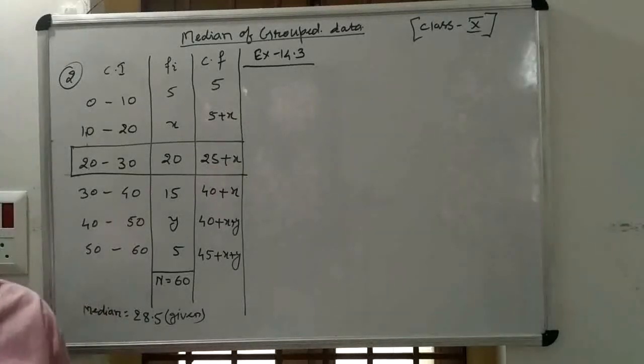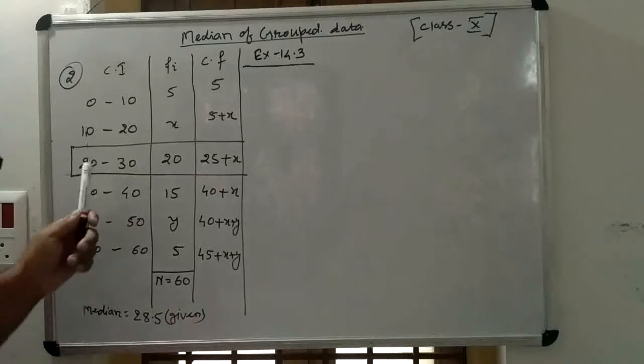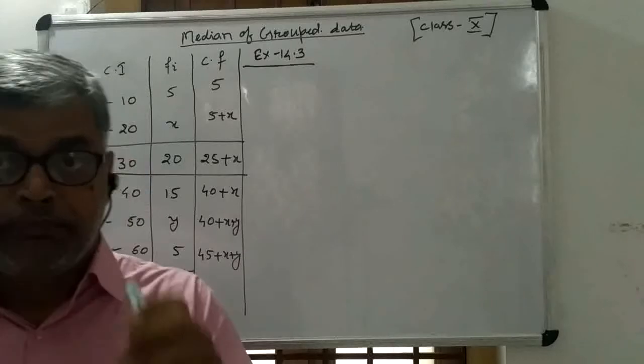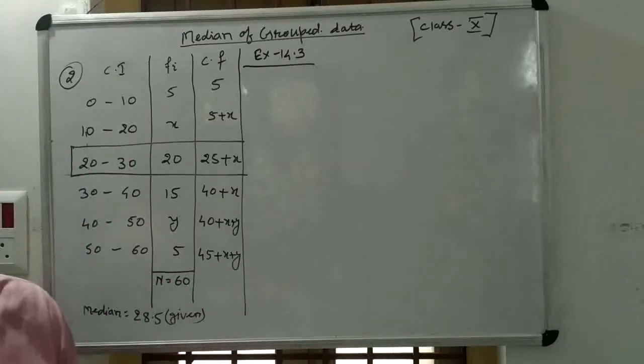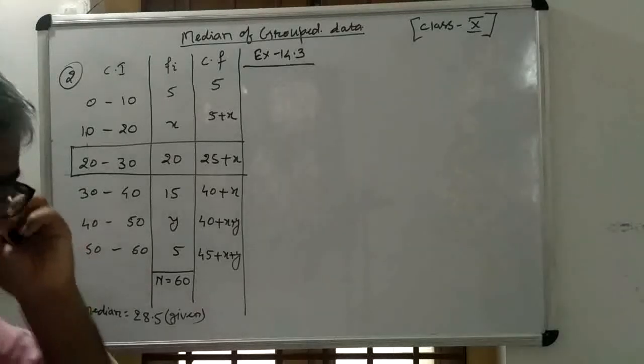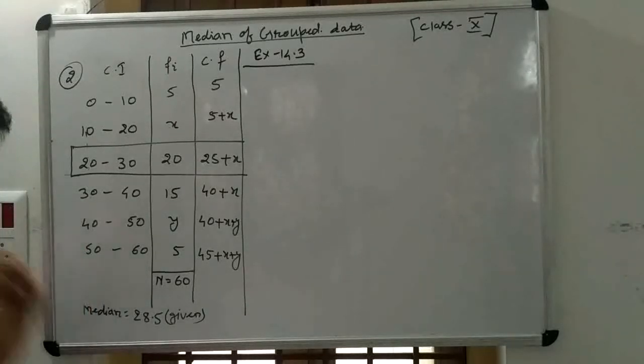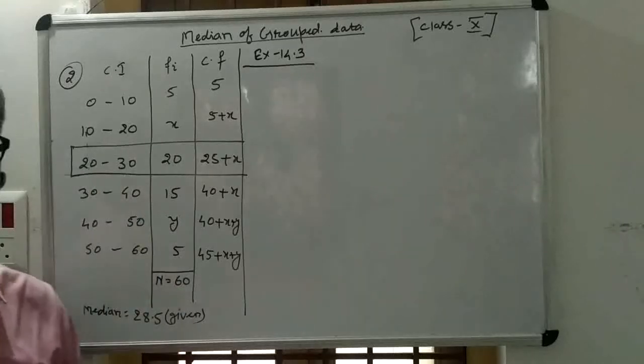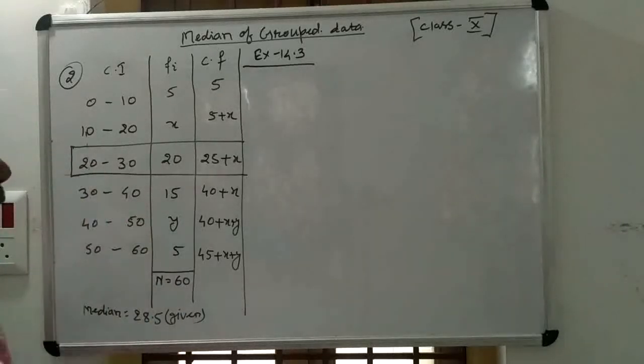When the median is given, you have to look in the class intervals and find between which two class limits the median falls. So the 20 to 30 class will be the median class.